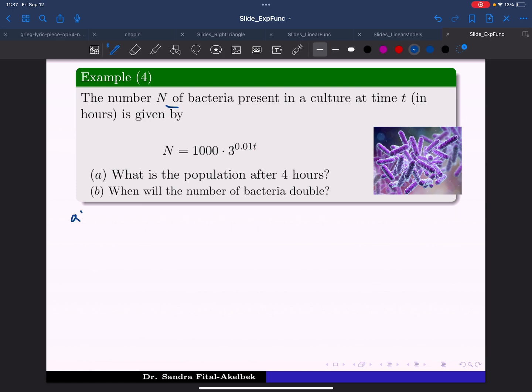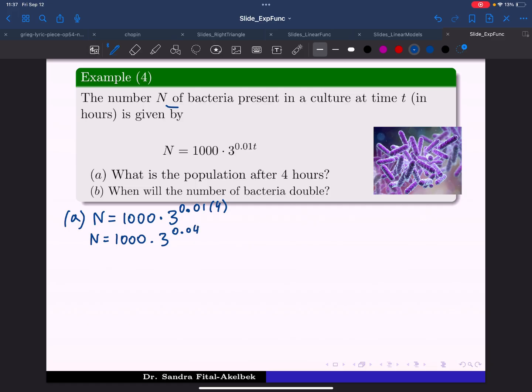So n is equal to 1000 times 3 to the power 0.01 times 4. First we multiply 0.01 times 4, so n is equal to 1000 times 3 to the power 0.04.